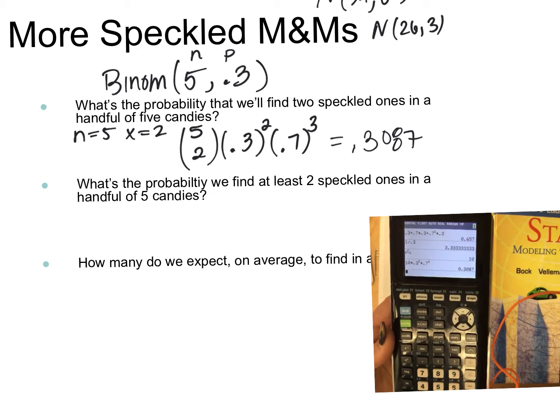So let's talk about what this means. The probability that x is greater than or equal to 2. That's at least, right?